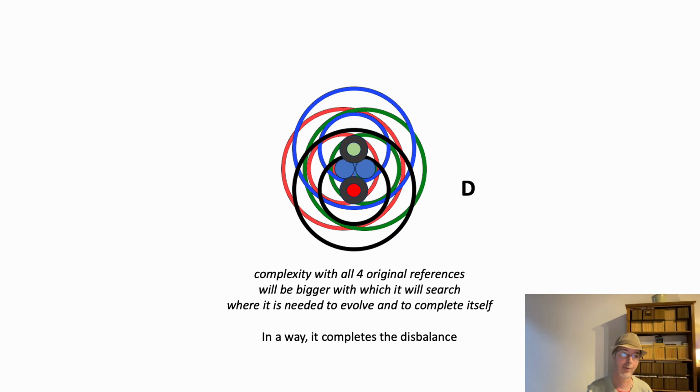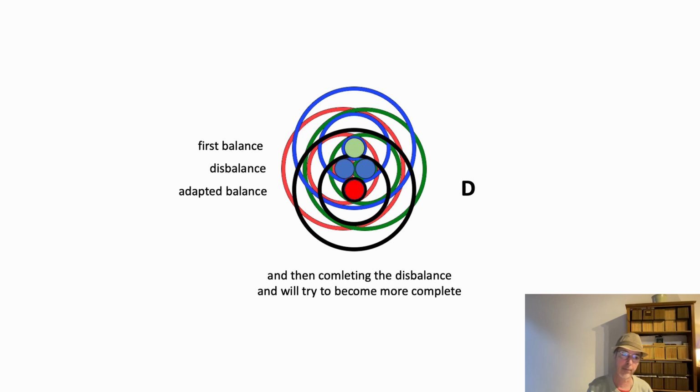If you do that kind of thinking, it's like you emphasize so that it makes it more clear what are the differences of the D, then you can find the solution for the disbalance. It will complete the disbalance. Here you still have the disbalance intact, but because of the emphasis, it also finds a solution. So the first balance, the disbalance, and the adapted balance.